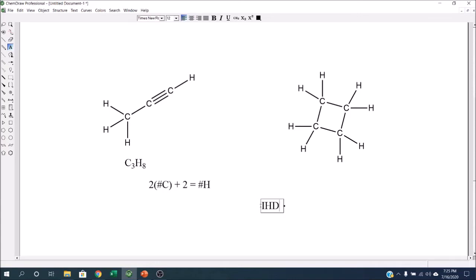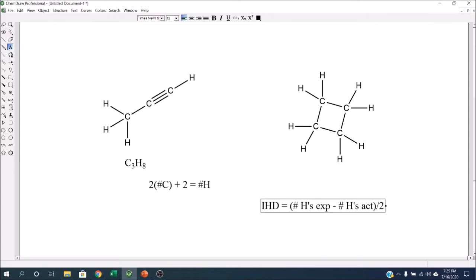So I'll just refer to it as IHD. The IHD is equal to the number of hydrogens that you expect to find in a molecule minus the number of hydrogens that you actually have in the molecule. And then we divide all of this by 2 because it's actually the number of hydrogen pairs that are missing, and that's the rationale for division by 2.